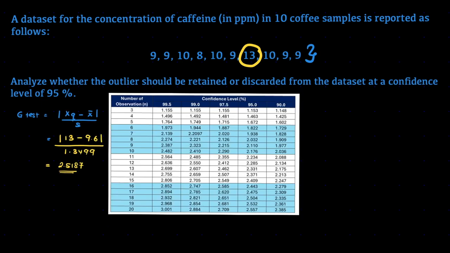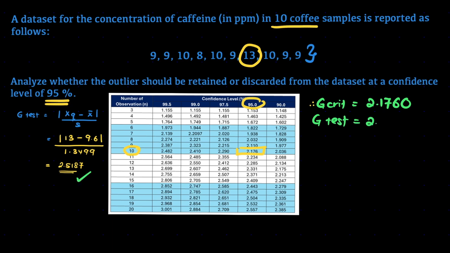Now what we need to do is refer to the G-test table. The number of samples is 10, and you need to find the 95% confidence level. So we go around here. We can say that the G critical is equivalent to 2.1760, and your G test is the one that you have calculated, equivalent to 2.5187.